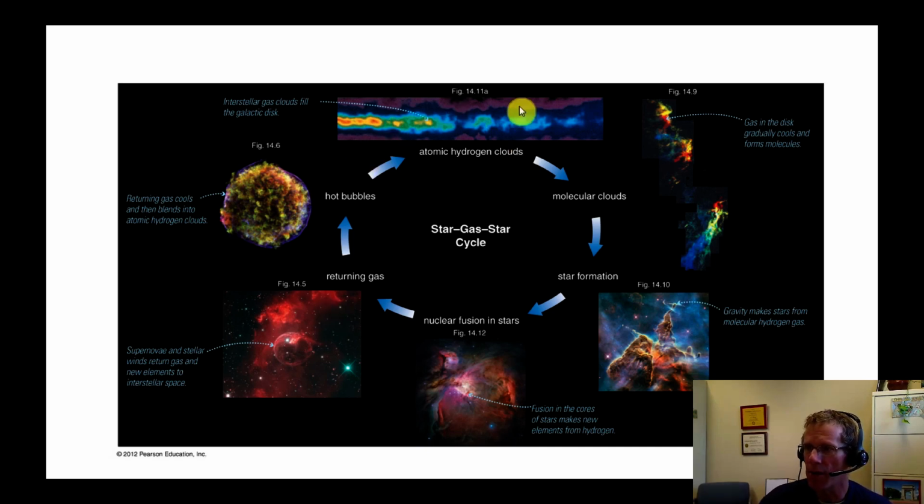But let's just start with atomic hydrogen clouds. The very first substances in the universe were hydrogen and helium, so essentially atomic hydrogen. Those particles will form heavier particles, still in the cloud though, so molecular clouds.